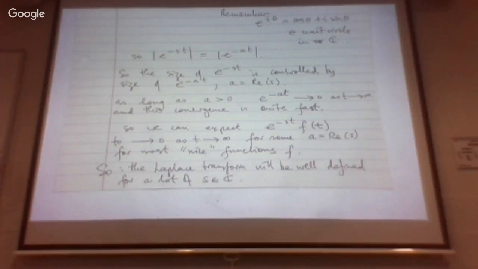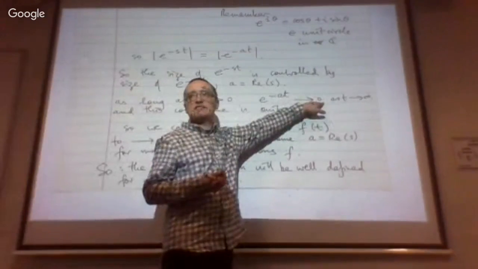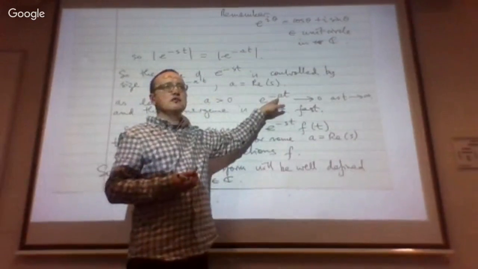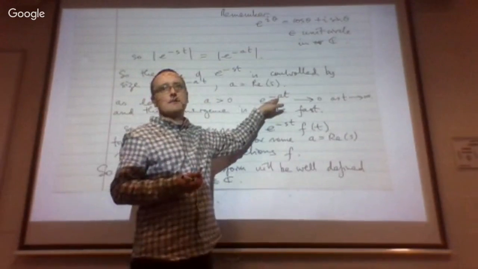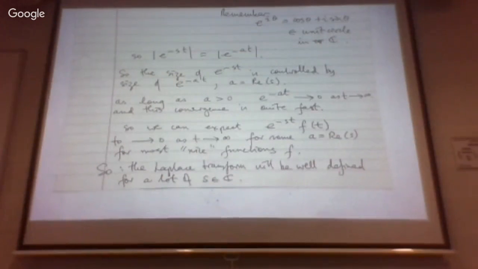Okay? Because every complex number to the right of this line has a real part which is greater than a. And so this thing, e to the minus at, will converge to 0 even faster for those larger values of a. So if we do get convergence for any values of s, we get convergence on the whole right-hand plane from that value of a onwards.